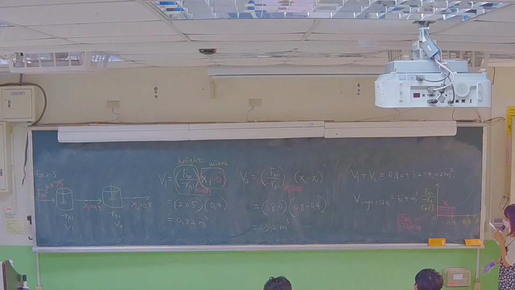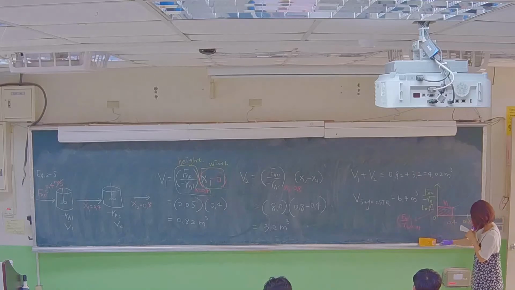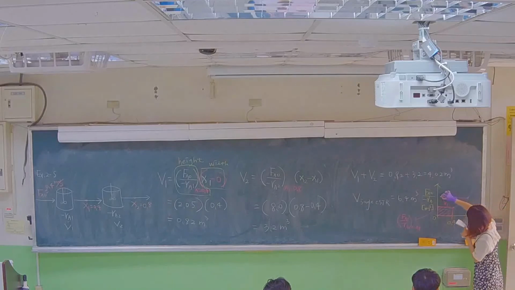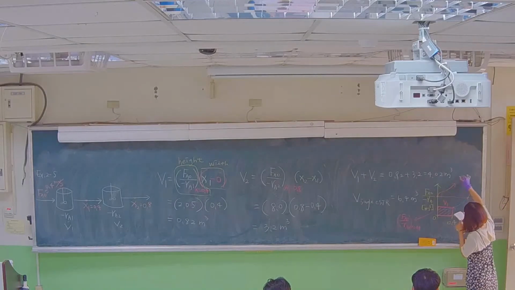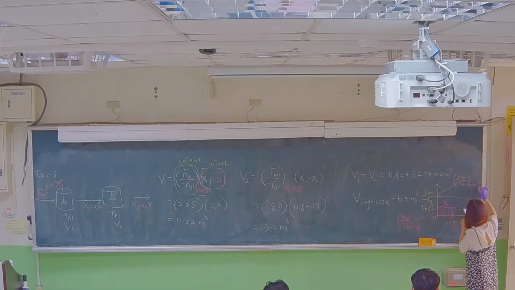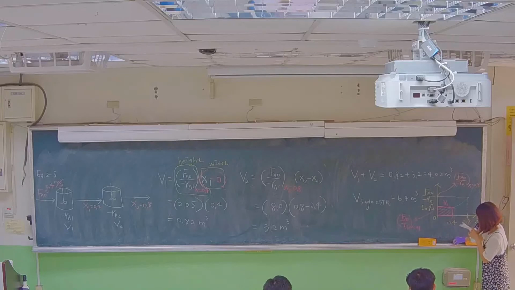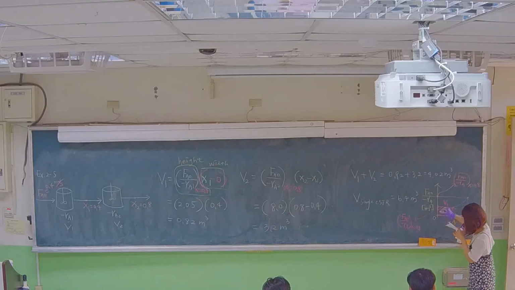How about V2? What is the Y for V2? So here. This value is also FA0 over minus RA at x equal to 0.8, right? Let me use white.